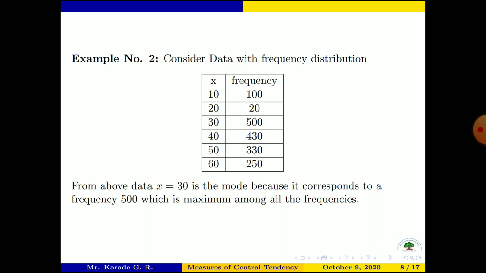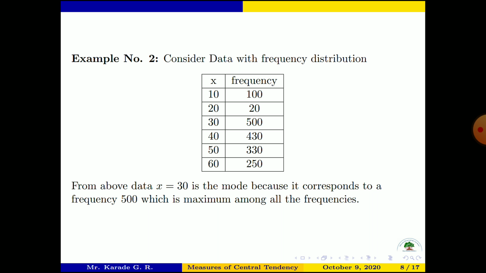So now you see here, it is a very easy job to find the mode of the given frequency distribution. Okay, ungrouped frequency distribution. We just find the maximum frequency and the corresponding value of x.